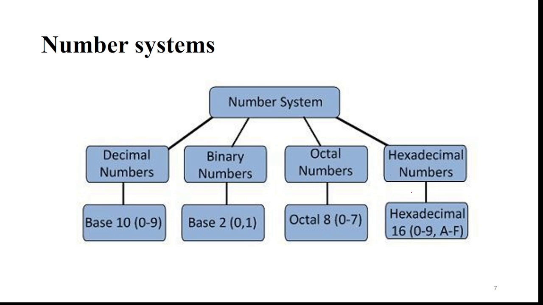And we have the hexadecimal system. This is base 16. The hexadecimal system uses digits from 0 to 9 plus letters from A to F: A, B, C, D, E, and F. So F in hexadecimal is equal to 15 in decimal system, in base 10.